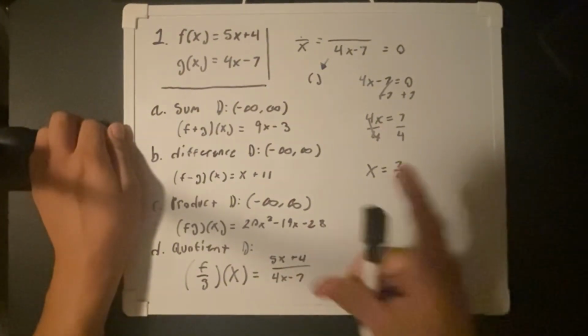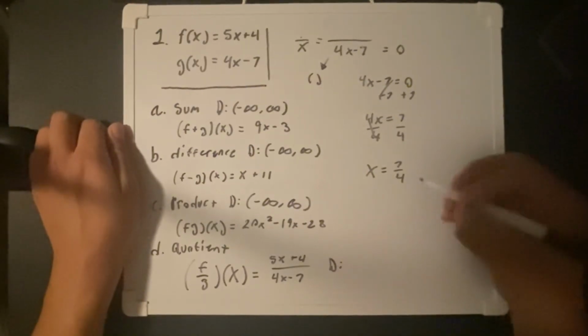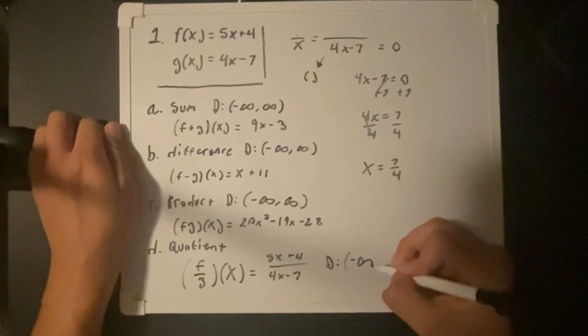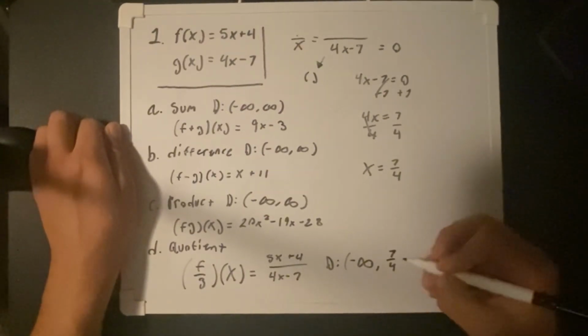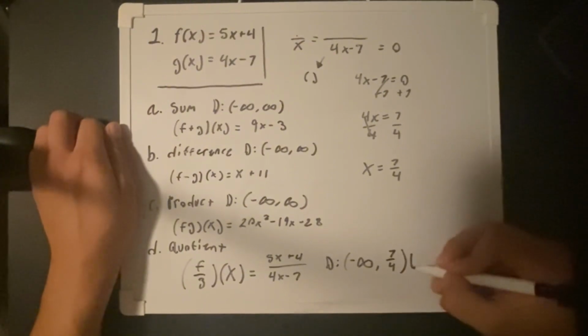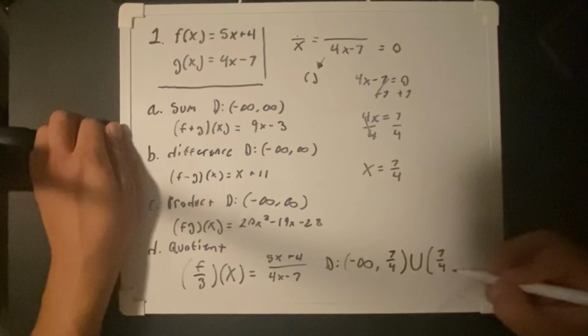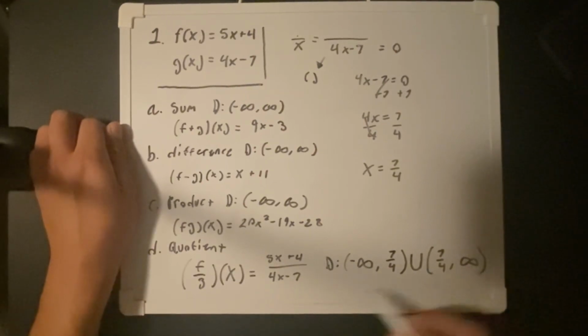Well, we do not have enough space, so we'll just write the domain right here. To not include it, you would write negative infinity to 7 over 4, and 7 over 4 to infinity. Sorry for the handwriting, but that would be our domain.